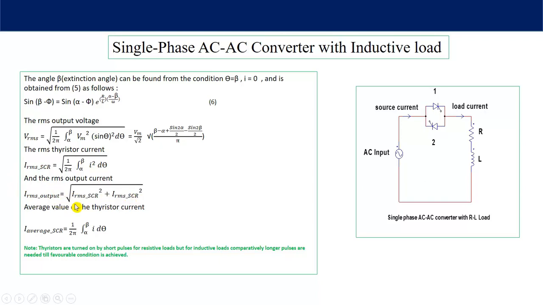You can say the square root of the current through thyristor number 1 squared plus the current through thyristor number 2 squared, the RMS currents of the two thyristors. Here we have to take, and you will get the square root of 2 times the RMS current of each thyristor. Then to find the average value of the thyristor current, simply use 1 by 2 pi integral from alpha to pi of I d theta.